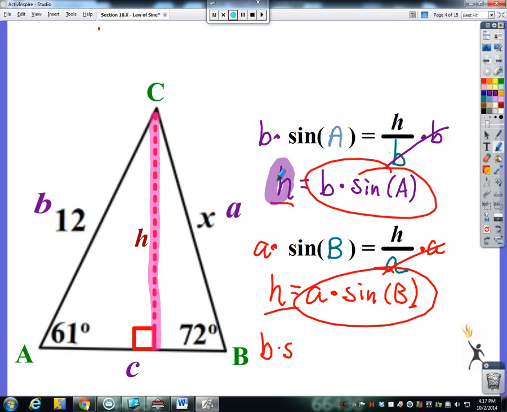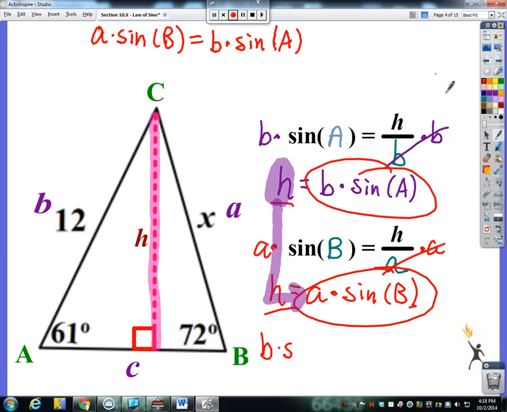Instead of writing this H here, what else is H equal to? Boom, A times sine B. That's another way of thinking about it. Instead of just saying that if these two things both equal the same thing, they must be equal to each other, you can think of it as substitution. So side A times the sine of angle B needs to be equal to side B times the sine of angle A. Now, all I'm going to do here is move some stuff around.